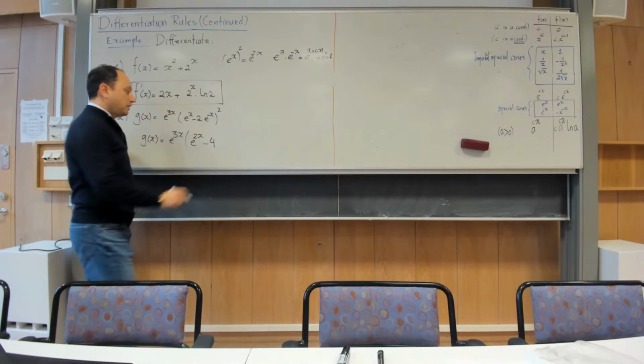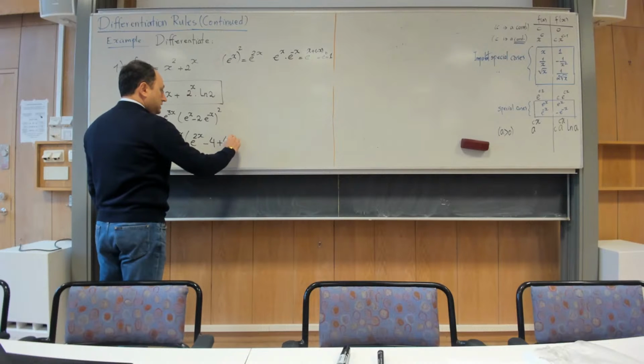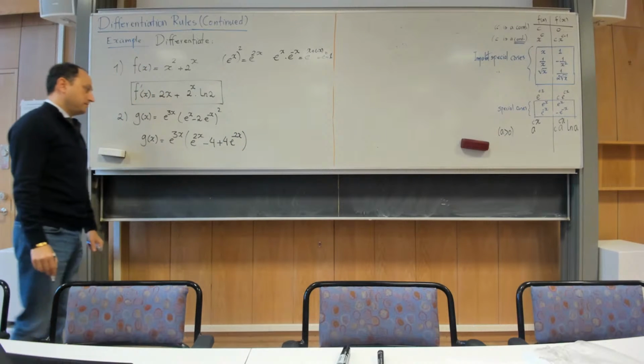And the second one to the power 2 becomes 4 e to the power minus 2x.